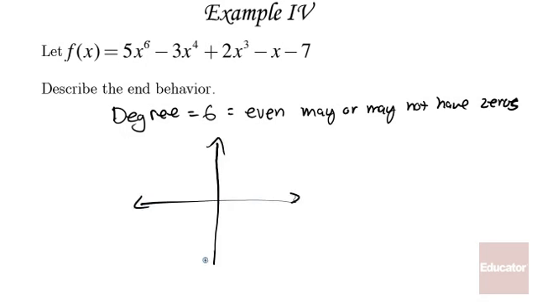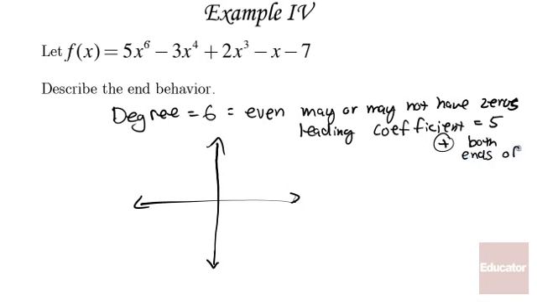So I know that both ends are going to go in the same direction with this polynomial. The leading coefficient here is 5, and that's positive. So since it's positive, both ends of the graph go upward.